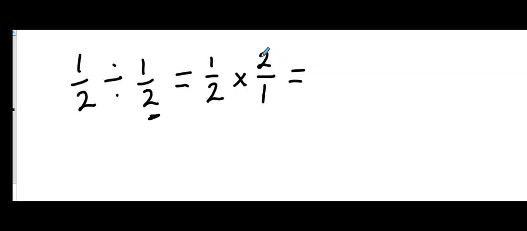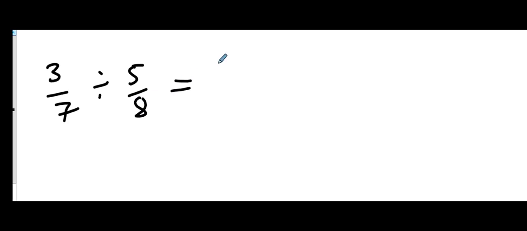So let's multiply numerator by numerator, that gives us 2, and denominator by denominator, which gives us 2, and then we look for a common factor, which is 2, and 2 goes into 2 once, and 2 goes into the other 2 once, which is 1 over 1, which is the same as 1. And so there, a simple example of a half divided by a half. We've just proved that our answer is 1.